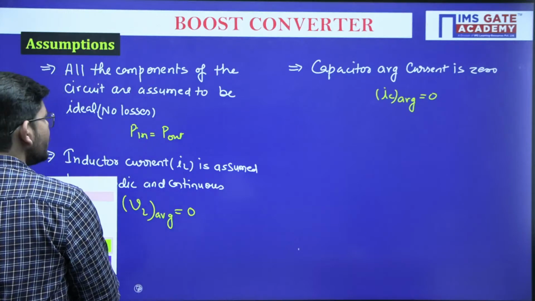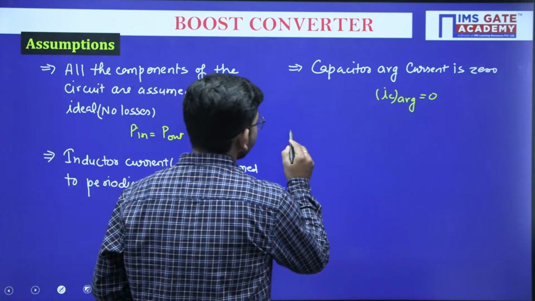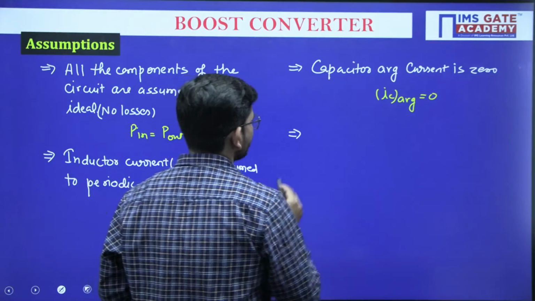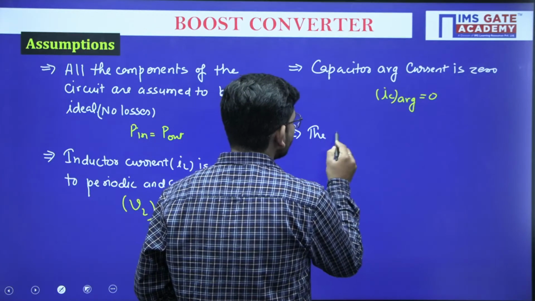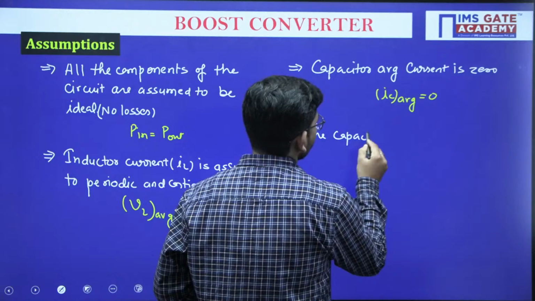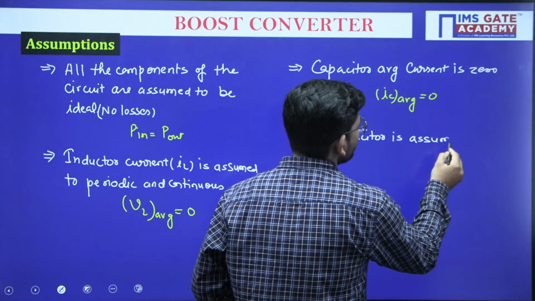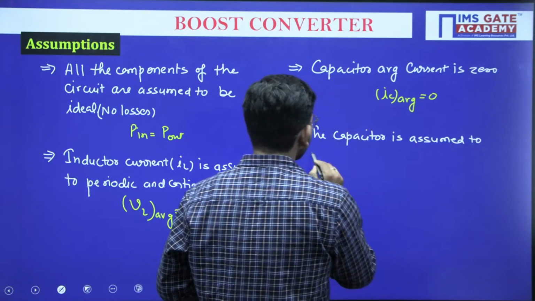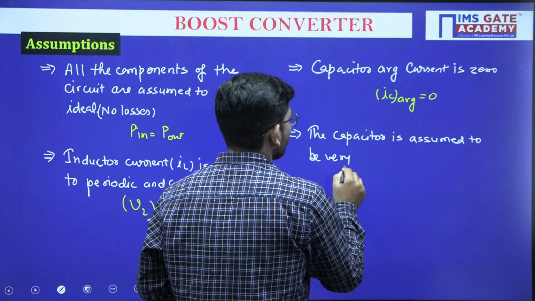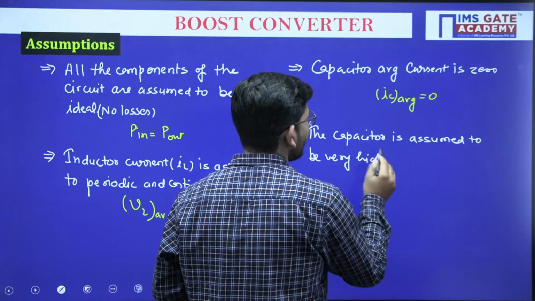The next assumption is again related to the capacitor. The capacitor is assumed to be very high. And why are we doing so?